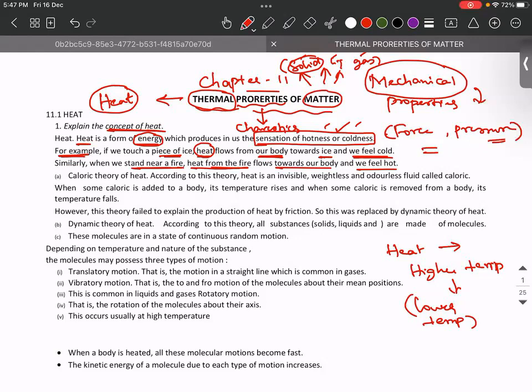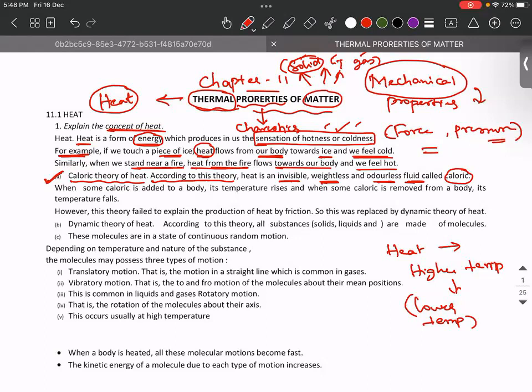The next is there is something called the caloric theory of heat, right? So according to this theory, heat is an invisible, weightless, and odorless fluid called caloric. See, this is not much used, but if you know, it is enough, right?